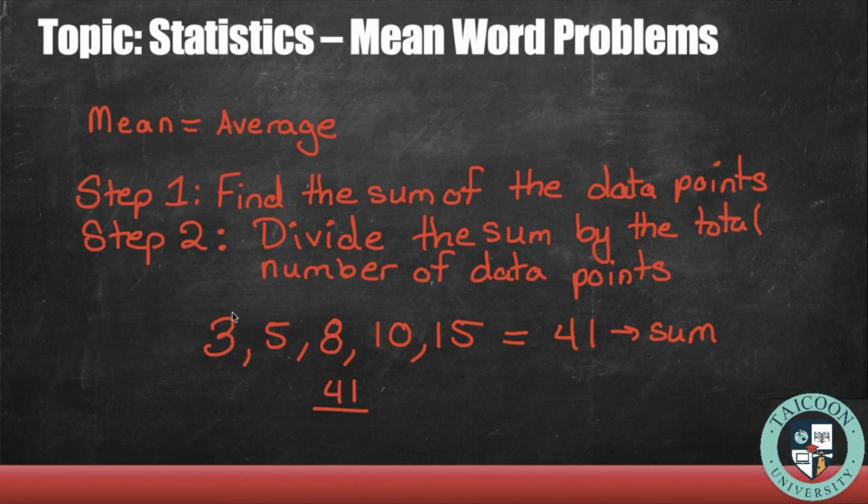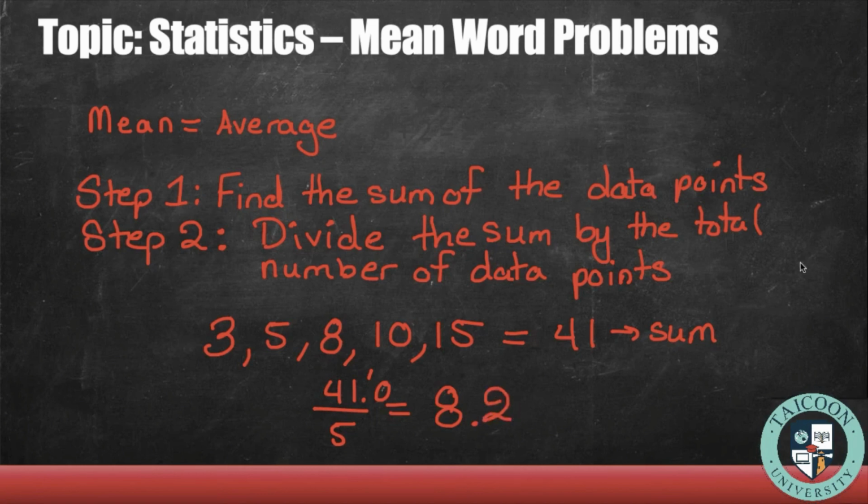And if you can see, we have 1, 2, 3, 4, 5 data points. When we do 41 divided by 5, we know that 5 goes into 40 8 times, and then the remainder is 1. We add a 0, and now we have 10 divided by 5 is 2. So our average is going to be 8.2.